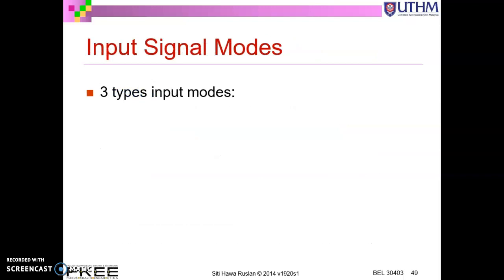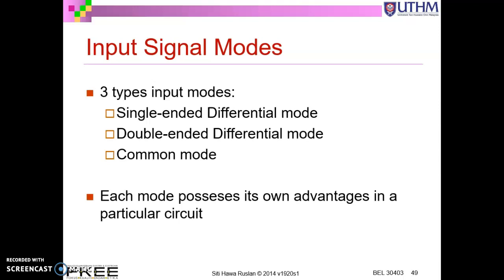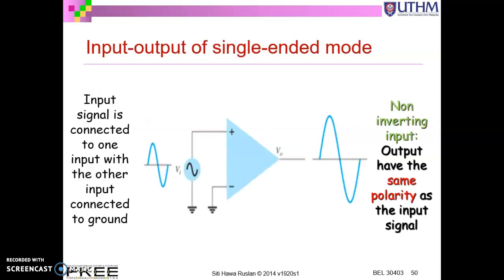And for any op-amp we have 3 input modes, which are called single-ended differential mode, double-ended differential mode, and another one is common mode. So what does it mean? This is an example of single-ended mode, meaning that you put just one input, in this case at the positive terminal.